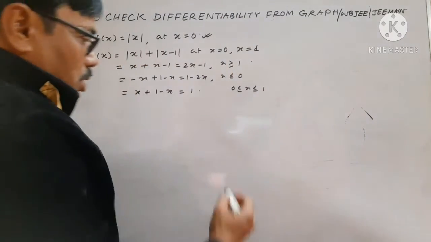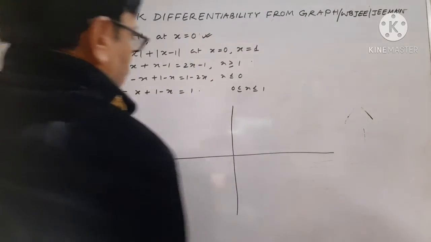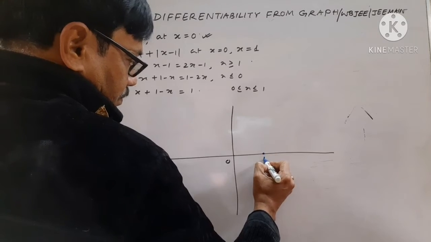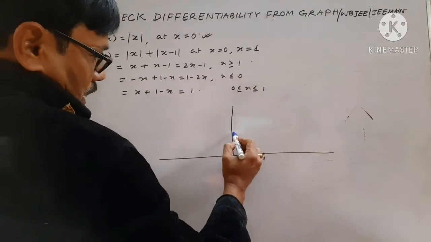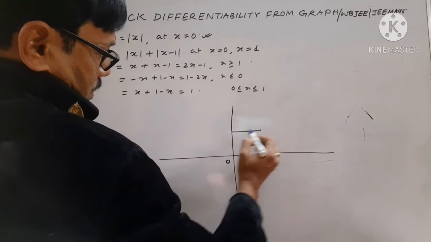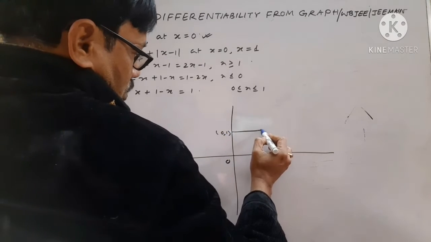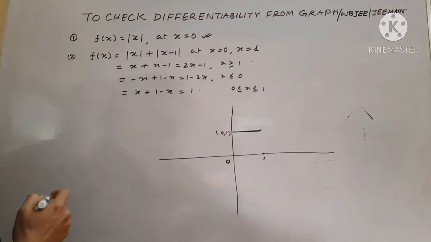So if we draw the graph, this is 0, this is 1. From 0 to 1, y equals 1.